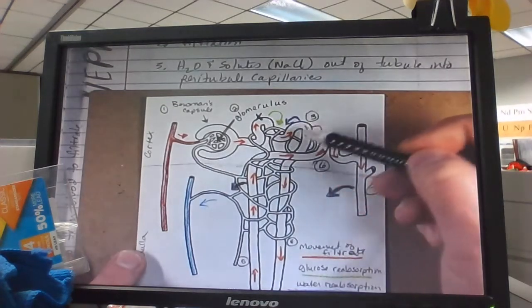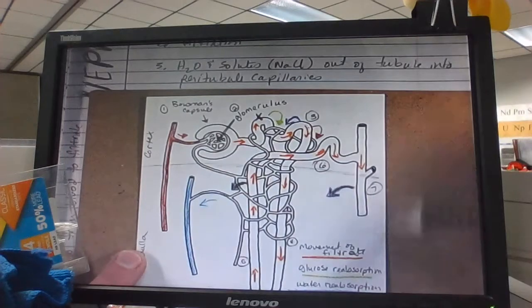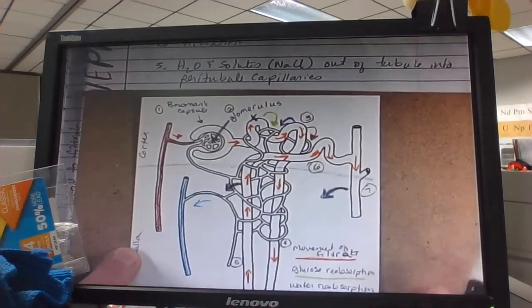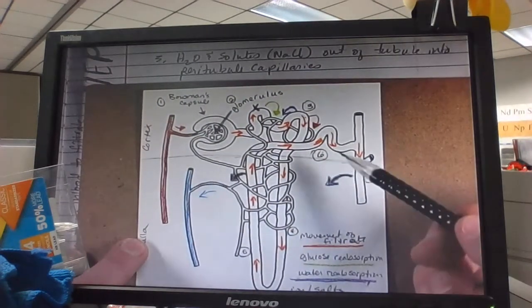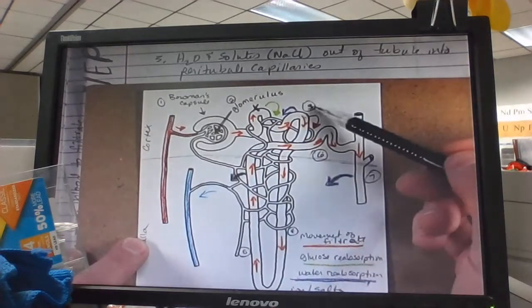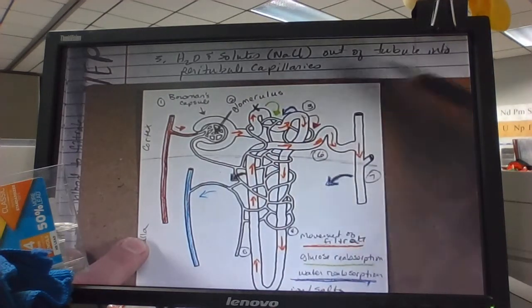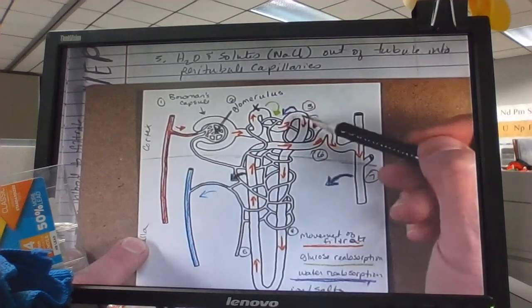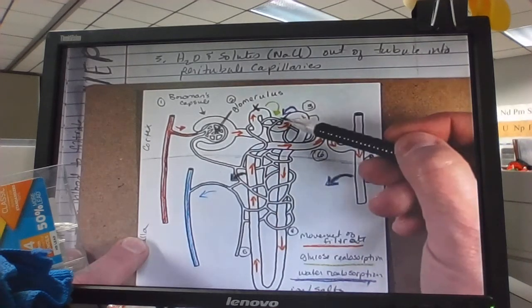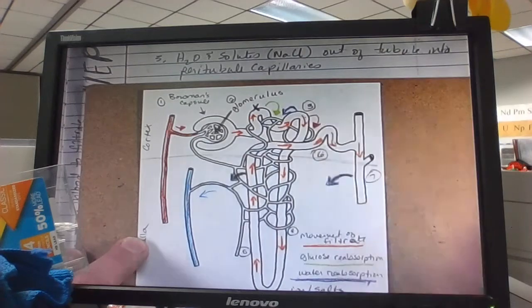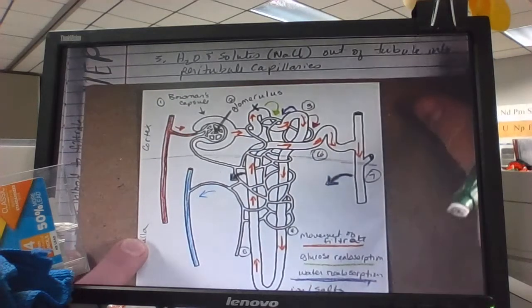The larger tube is where the filtrate is moving through. That's our nephron tubule. So number 3, we have water and solutes like sodium chloride move out of the tubule into the peritubular capillaries. So it's being reabsorbed into these capillaries, into the blood vessels.